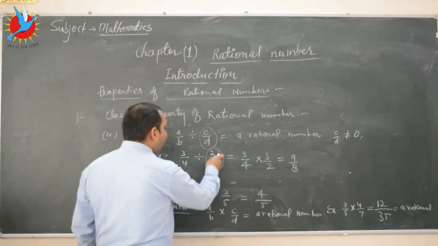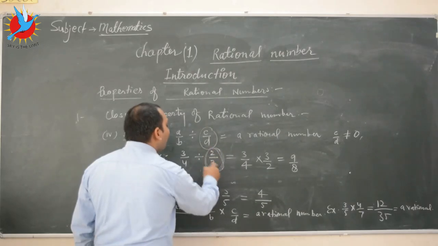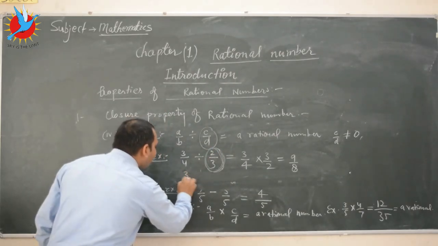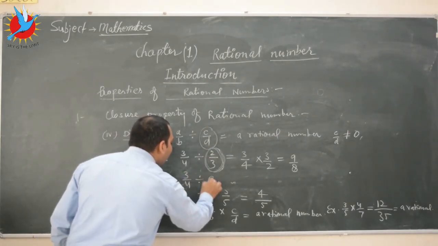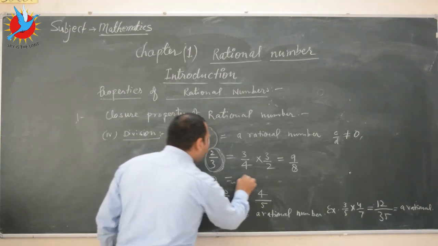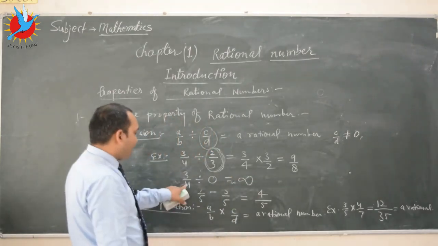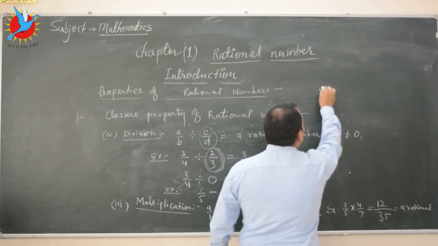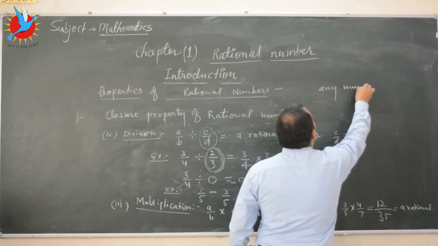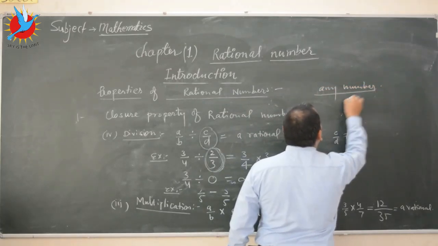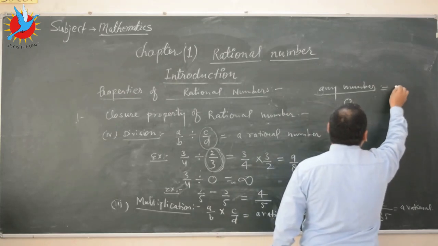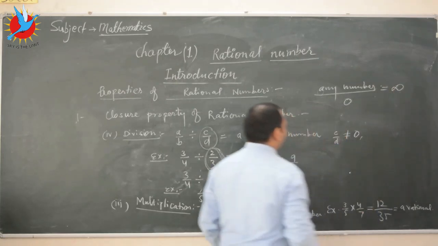But in place of 2 upon 3, if we put 3 upon 4 divided by 0, it will be not defined. Any number divided by 0, the result is not defined.